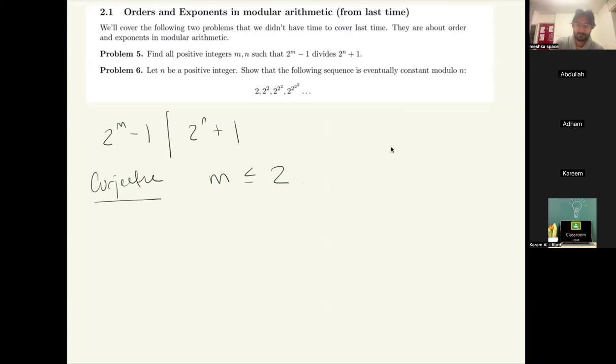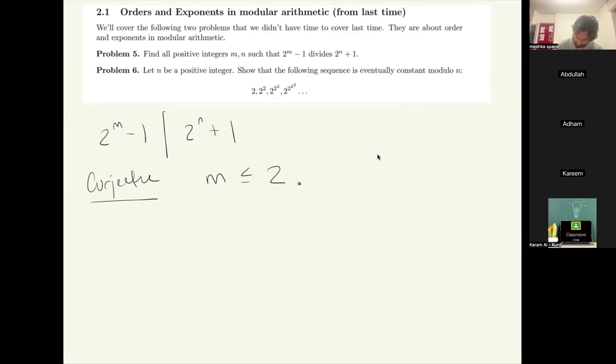Well, when m is 1, we don't need to show that, because 2 to the power of 1 minus 1 is just 1. When m is 2, it's 2 to the power of 2 minus 1, which is 3. So n has to be odd, because when n is odd, 2 to the n plus 1 is always divisible by 3.